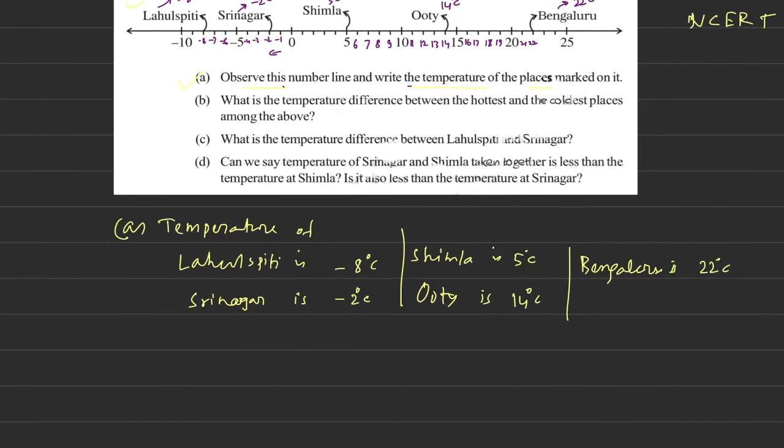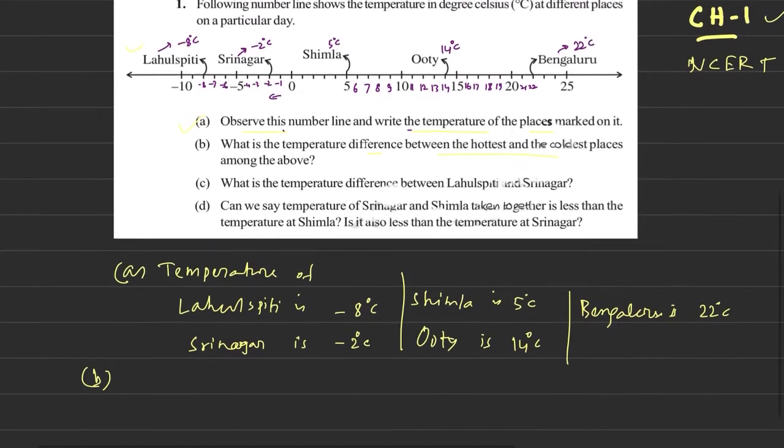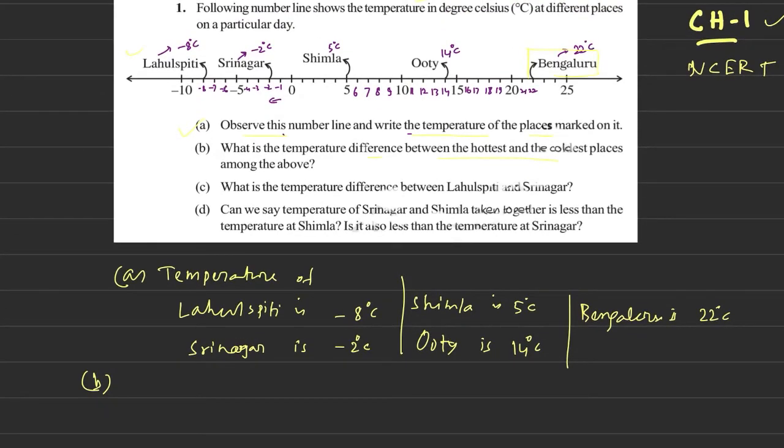Next, question B. What is the temperature difference between the hottest and the coldest place? Here the hottest place is Bengaluru, and the coldest is Lahaul Spiti.